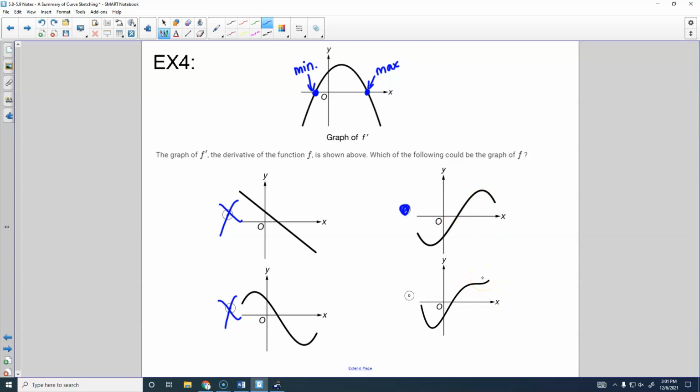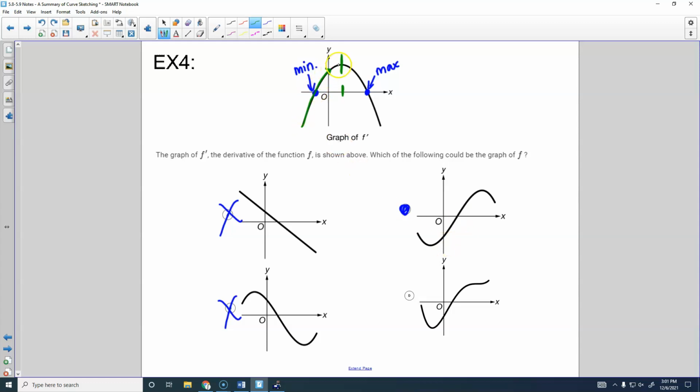If you're unsure, though, think about what's happening here. Our graph of our derivative is increasing all the way up to this point. What's that tell us about concavity? Concave up, right?